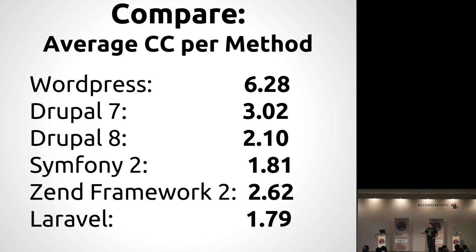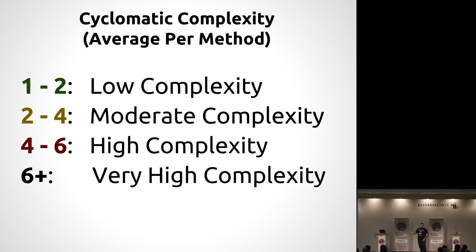Now, if you notice, Laravel down here is the simplest on this metric. On average, 1.79. What that means is the average method has 0.79 if statements. Pretty wide. And WordPress is all the way up here at the top, 6.23, or 6.28. That's very highly complex. That looks like a problem.